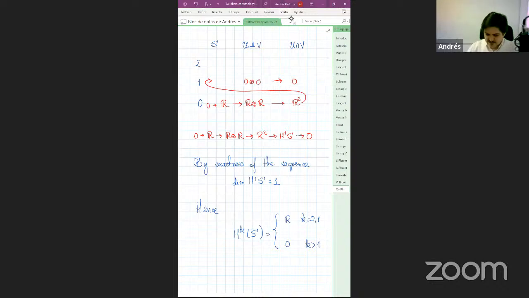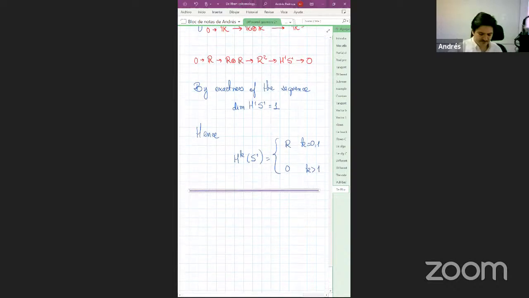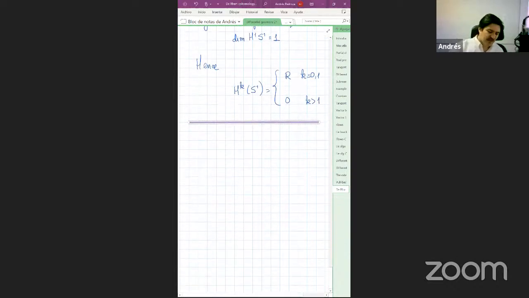Well, now I want to go further. We still need more to compute the cohomology of the spheres. Because so far we only computed the cohomology of the circle. But let's go up in dimension, okay?